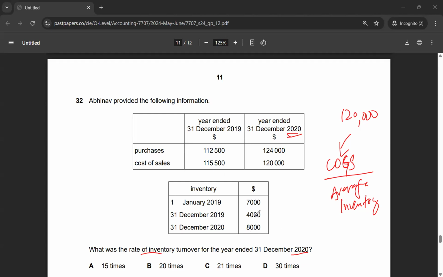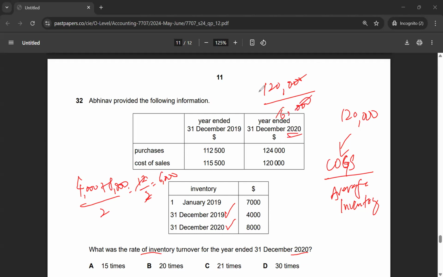Average inventory would be opening and closing of 2020, that would be 4,000 plus 8,000 over 2. So this is 12 over 2. This is 6,000, right? So my 120,000 over 6,000 gives me 20, right? So the correct answer for multiple choice 32 would be option B. 20 times would be the rate of inventory turnover.